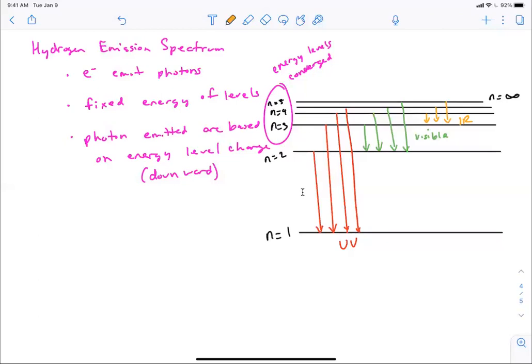So you do want to know what type of electromagnetic radiation you're giving off as well. So when it jumps down to 1, no matter where it's jumping from, you're going to see UV, the highest energy of the 3 possible radiation. And then jumping down to 2 is visible, and jumping down to 3 is IR.